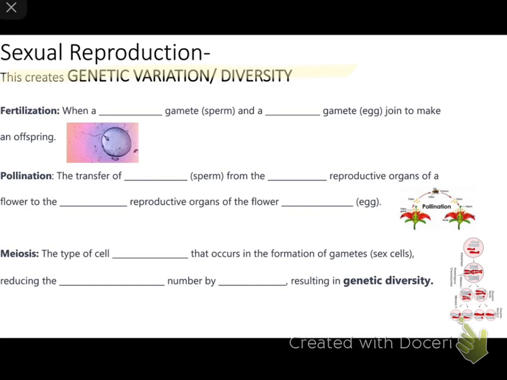There's a couple of ways that this can occur in sexual reproduction. First you have fertilization, which is when a male gamete, the sperm cell, and a female gamete, the egg cell, join to make an offspring. Gamete is the generic term for sex cells, and sperm and egg are the sex cells.